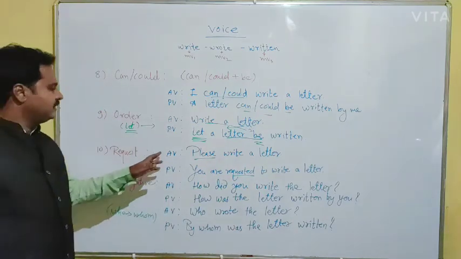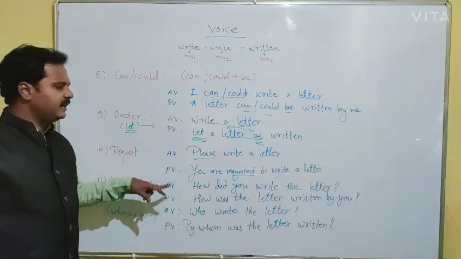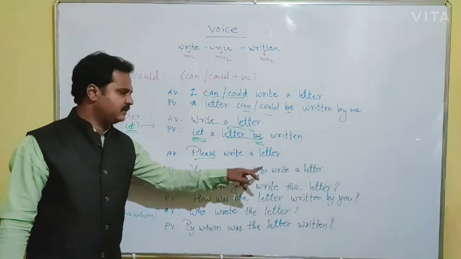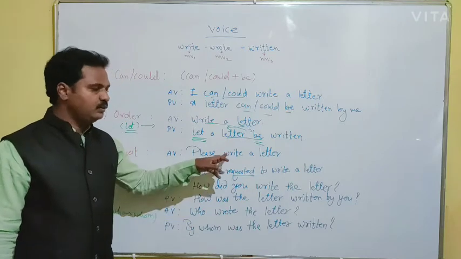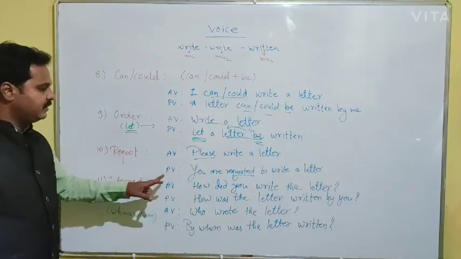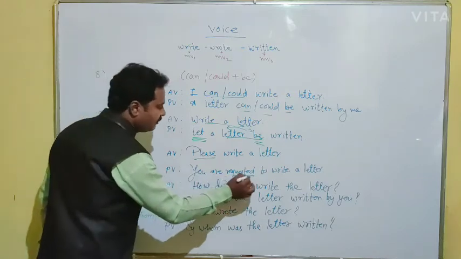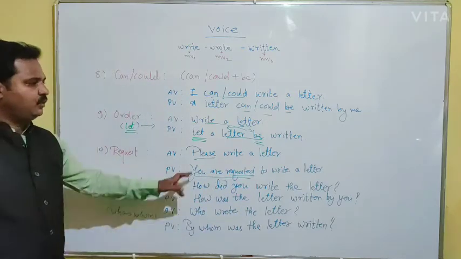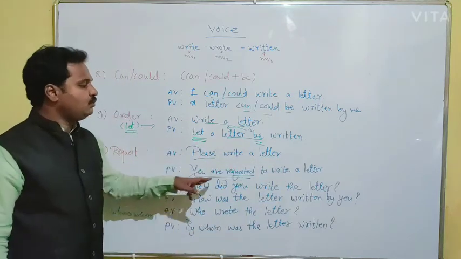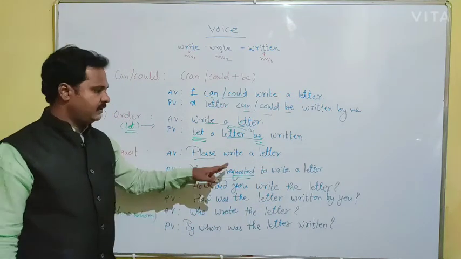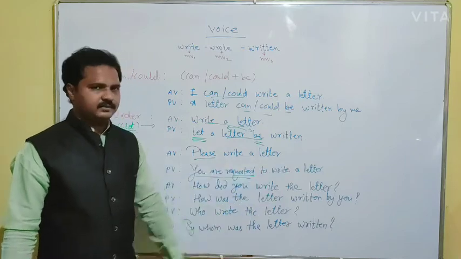In passive voice, first of all read once again. Active voice: please write a letter. Same, a letter will become first with the use of you. Why? This request is here. In passive voice: you are requested to write a letter.